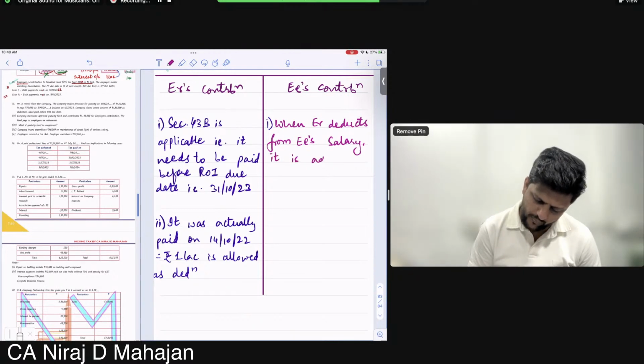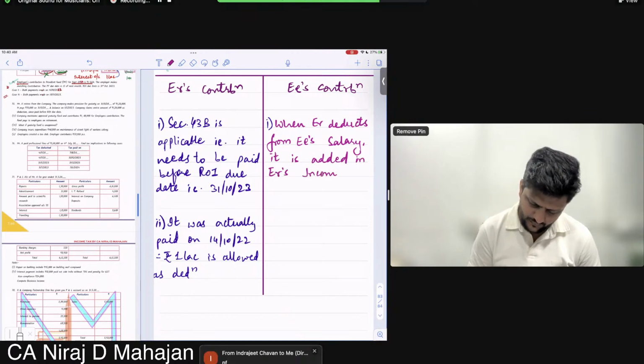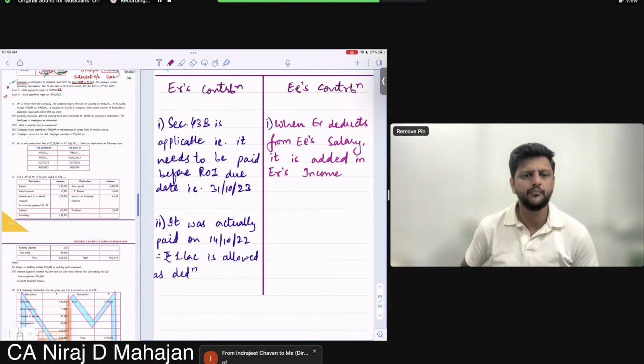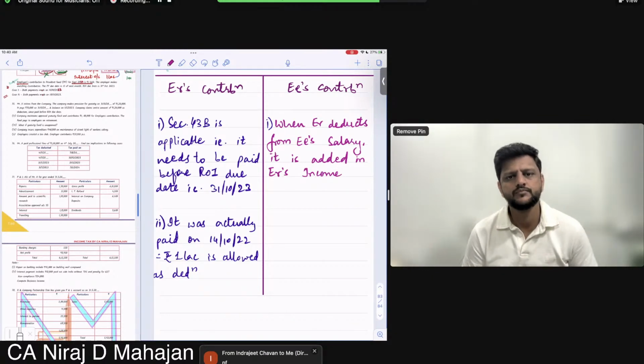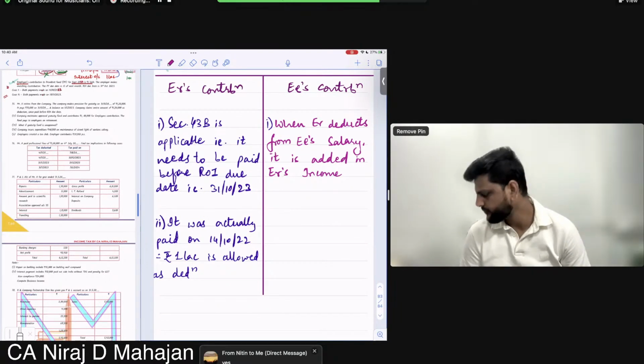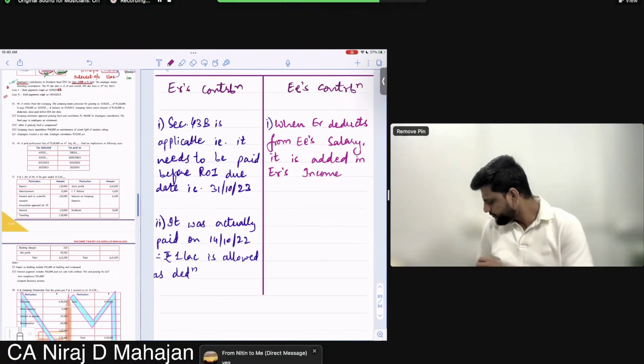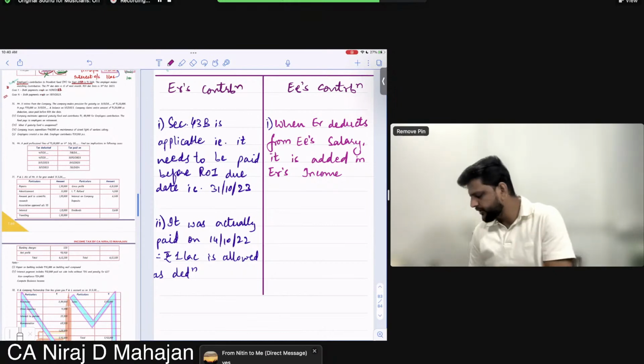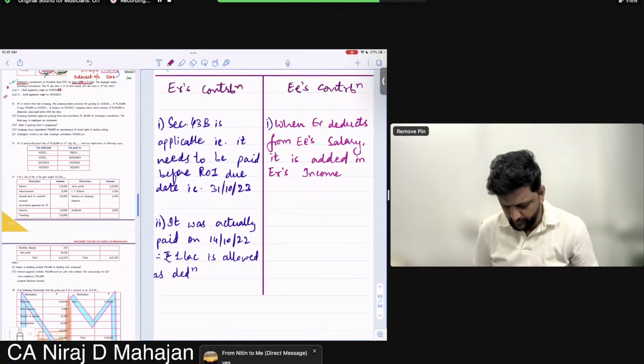In the employer's income. First, it is added in the employer's income. What if it doesn't contribute? That's why, remember?